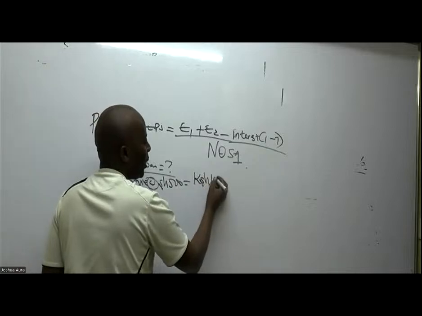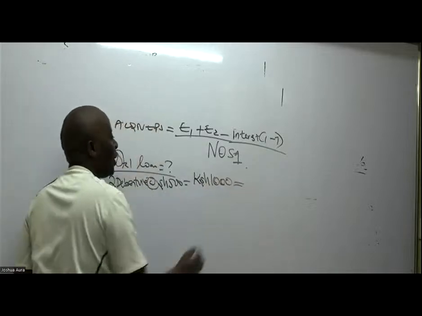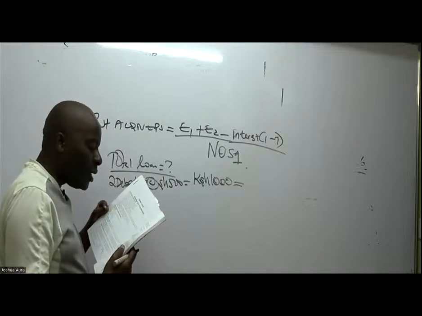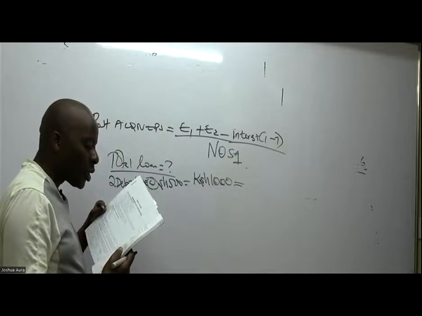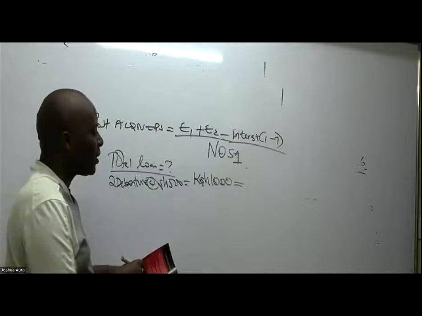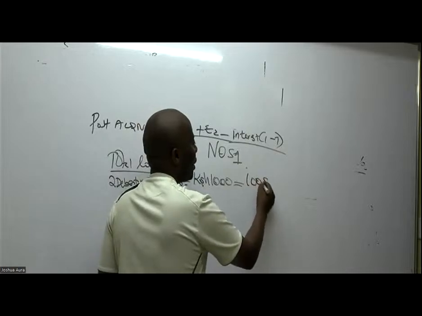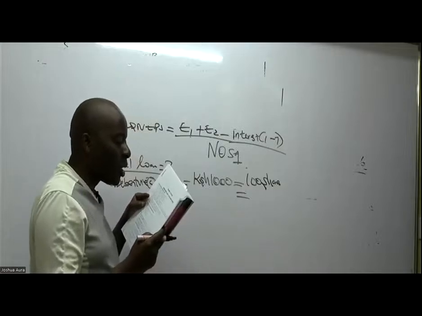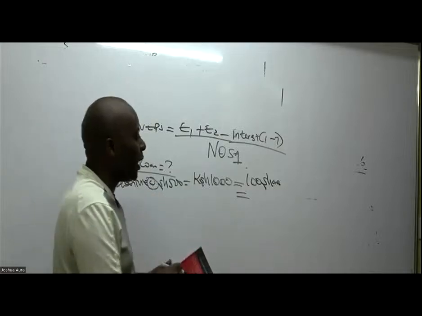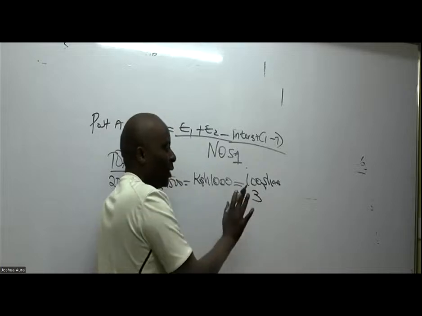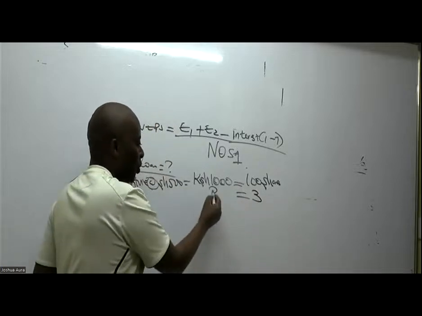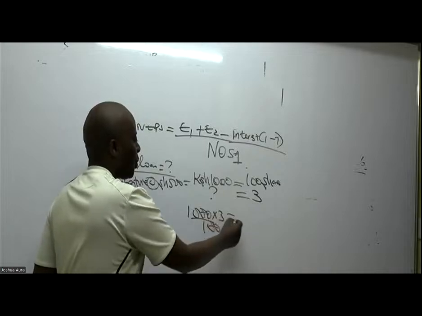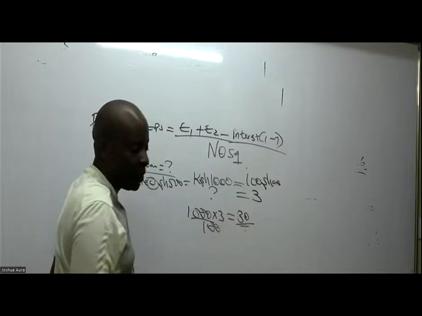For every 1,000 we give them, company 2 will give us 100 shares. And how many shares does it have in total? Company 2 has 3 ordinary shares outstanding; you don't have to introduce the millions, just leave it like that. So this will be 1,000 times 3 over 100, which gives us a total debt of 30.